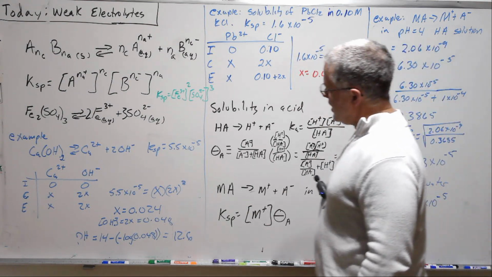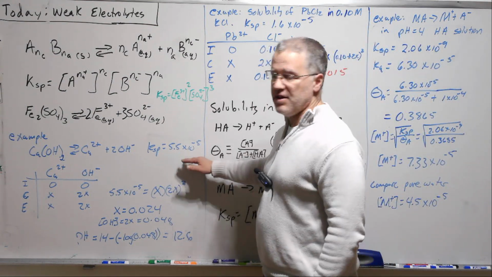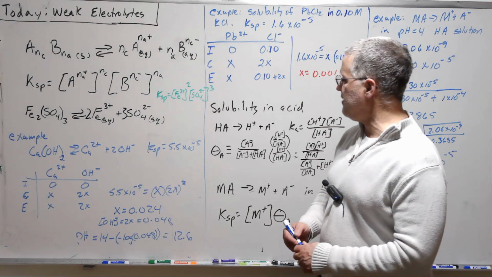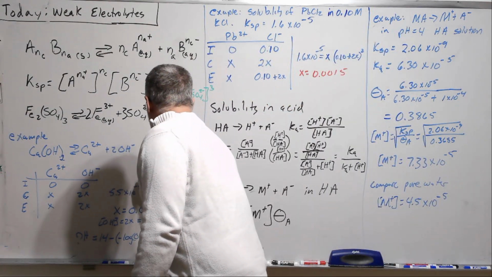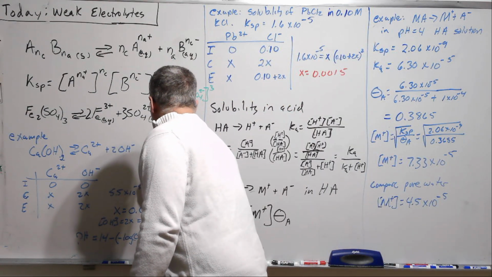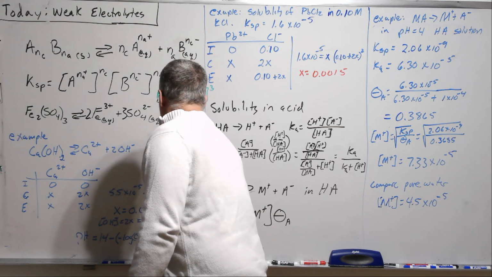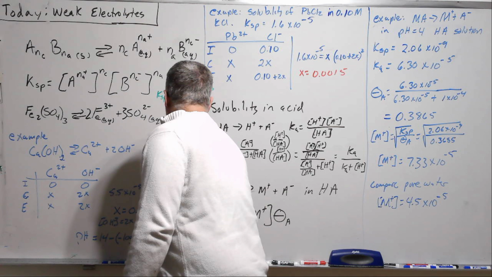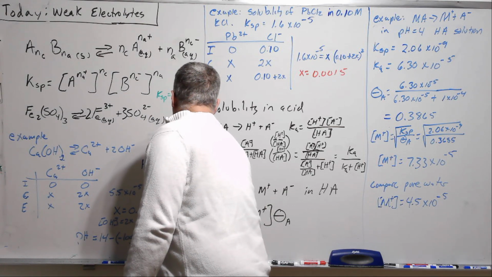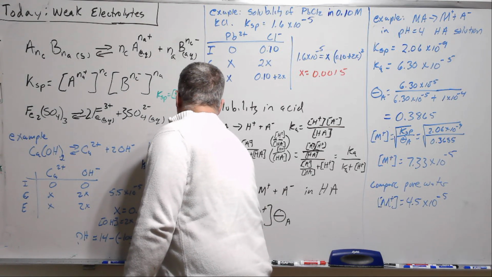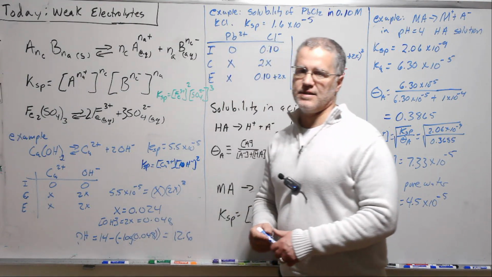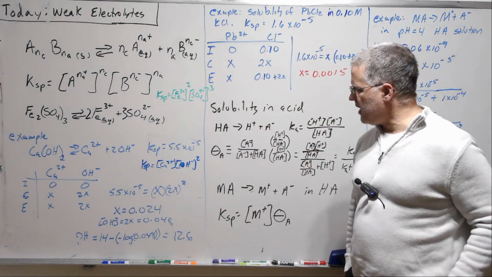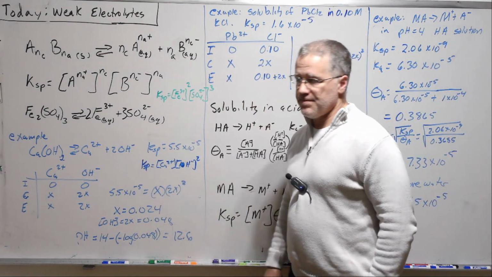And this happens to have a KSP of 5.5 times 10 to the minus 5. Well, let's write that. What is KSP here? It's going to be the calcium times the hydroxide concentration squared. That's the equilibrium constant for this reaction.